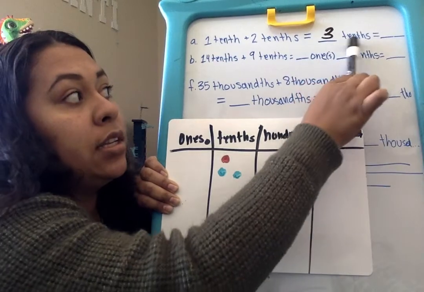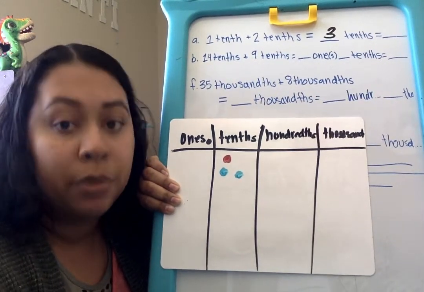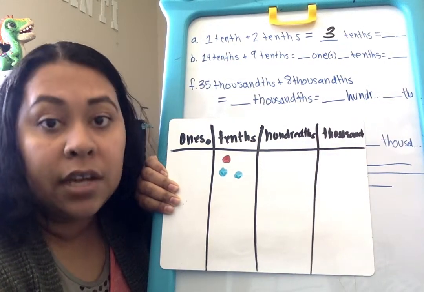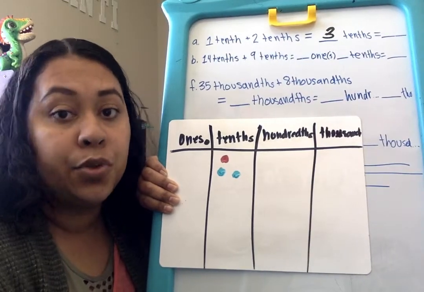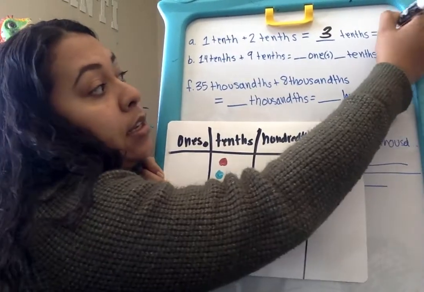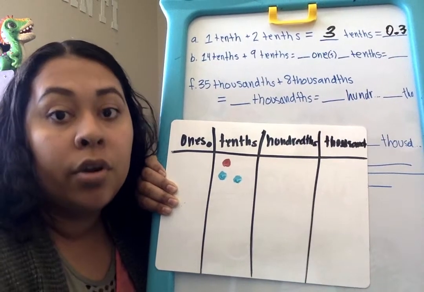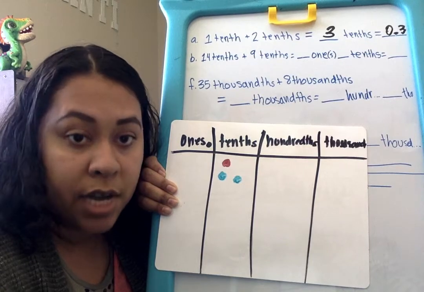The word is already there for you, so in that blank, you're just putting in the number 3, okay? Now, you've solved it, now you need to write it in standard form. So that just means as a decimal. So 3/10 looks like 0.3. Or it can be decimal 3, 0.3, both of those are correct.